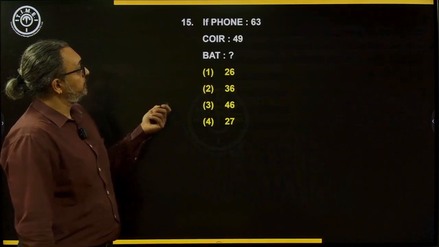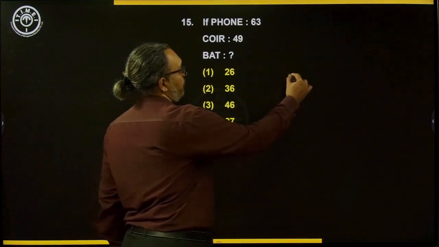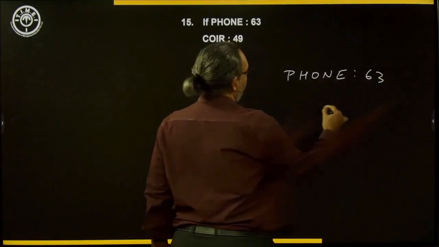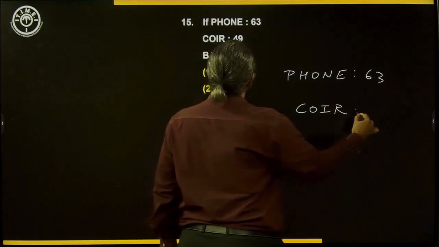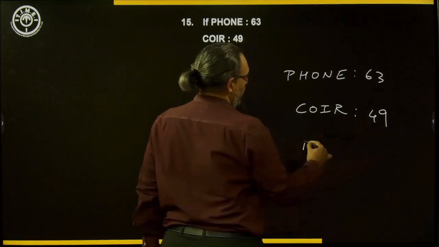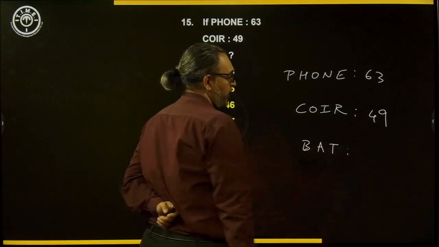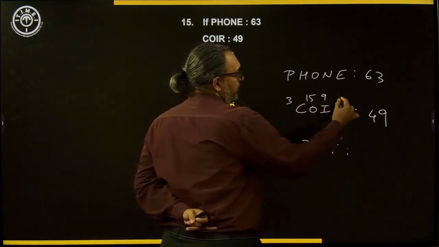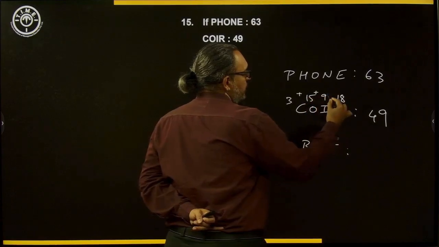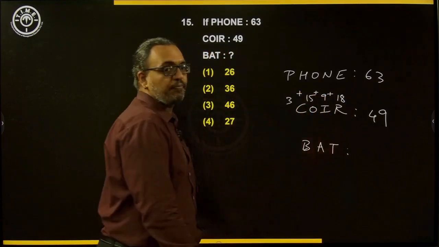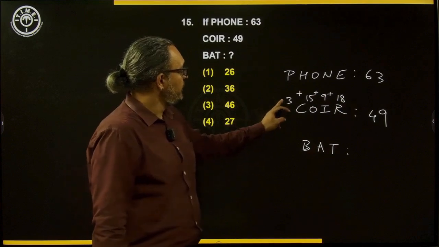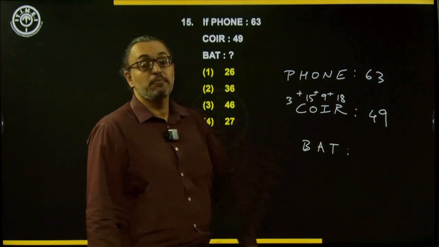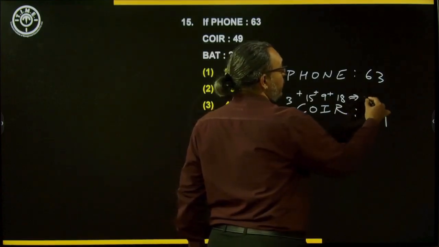Then, next, we have phone is given as 63, choir is 49, what is bat? So let's take the smallest word first and check. Take the place values, 3, 15, 9, 18. Let's add them. So we have 3 plus 15, 18. 18 plus 18, you get 36. 36 plus 9, you are getting 45.